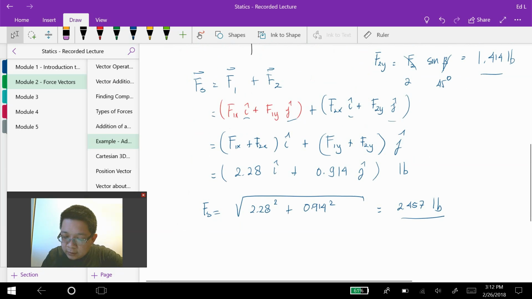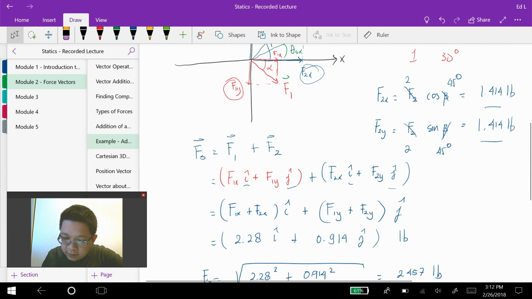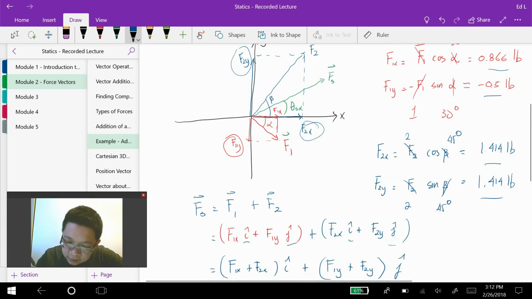And notice that if we go back to this figure right here, this is theta Fs x, and if I sketch in green, note that this is Fsy and this is Fsx, right? So tangent theta Fs x is Fsy divided by Fsx.